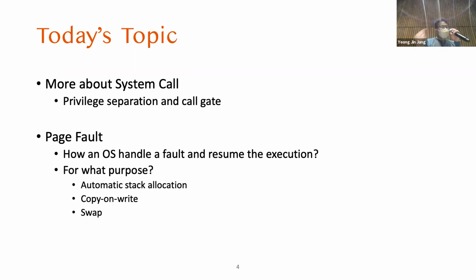For that, I will give an example of how we can implement an automatically growing stack, and also copy on write, and real virtual memory, using the disk space as virtually the RAM, with the mechanism called the swap. Yeah, and then we will learn how these things can be implemented with the use of the page fault handler.